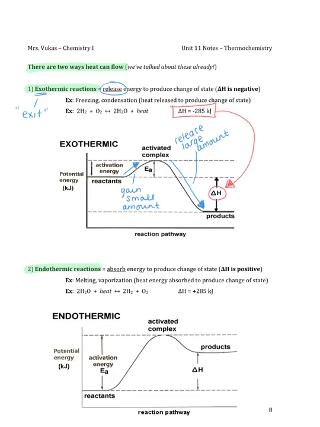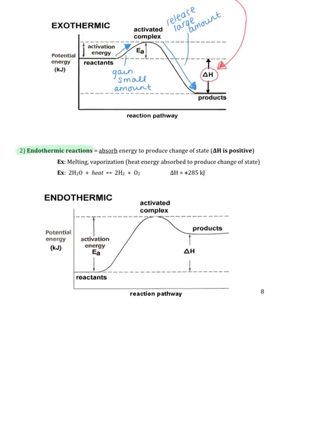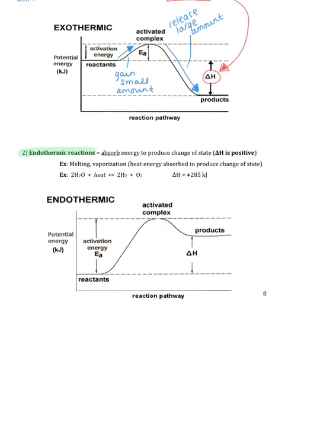Now, endothermic is essentially the opposite, where overall, we're absorbing energy. So delta H is going to be positive. That's going to be something like melting. It gets warmer. So if you take a look here, the activation energy in the beginning, you gain all this energy to get up to the activated complex. Then at the end, you're only losing a little bit to get to the products.